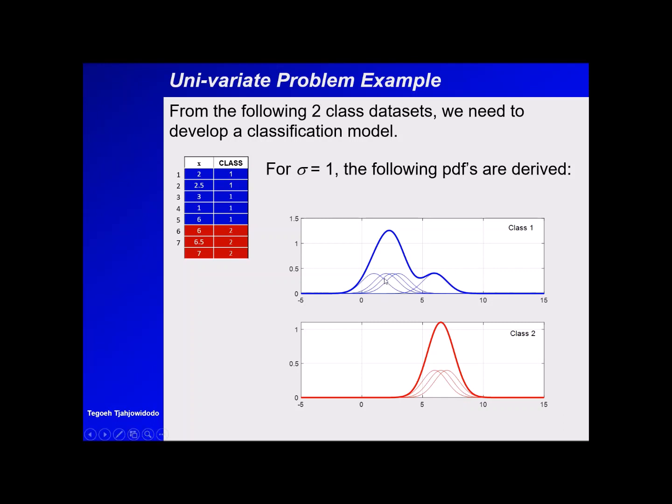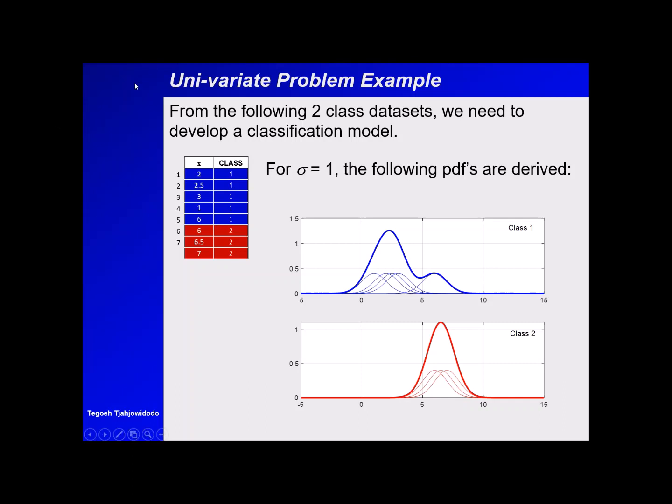The third one from the left, the middle one, corresponds to the second data set, where the middle value of the third PDF is equal to 2.5. The fourth one, the middle value is 3, corresponds to data set number 3. And the last one, the middle value is 6, corresponds to data set number 5 here.